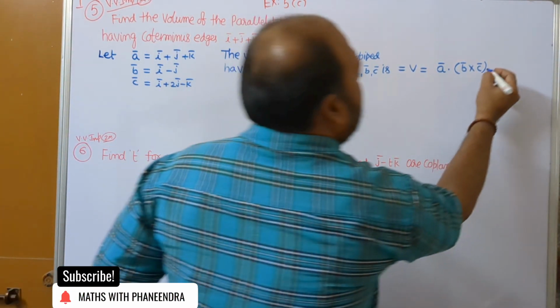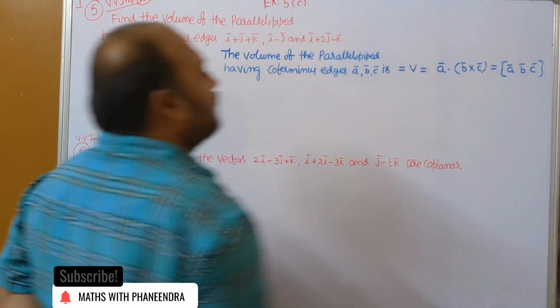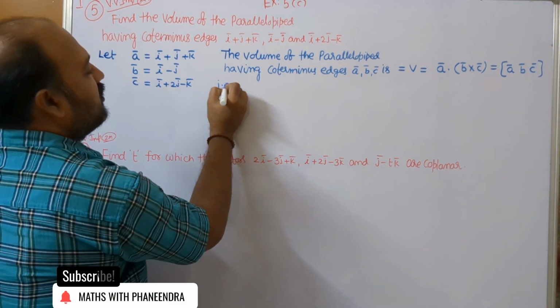It indicates box of ABC. So to get a volume, what we need to do? That is box of ABC you can calculate.